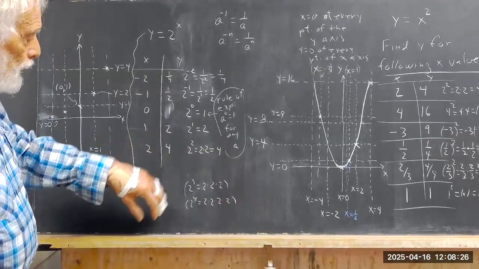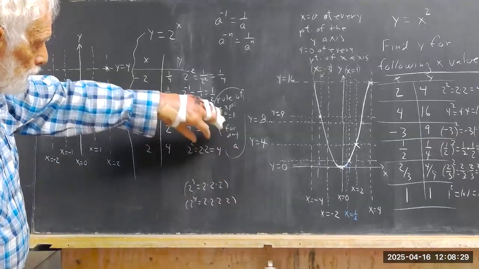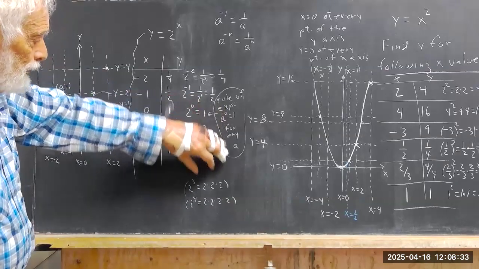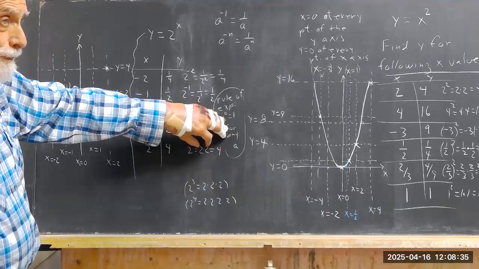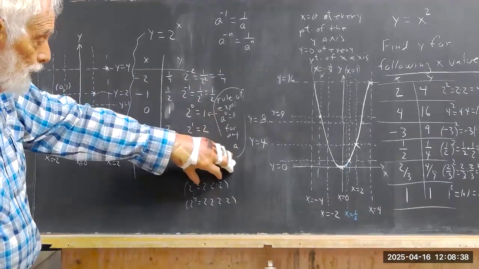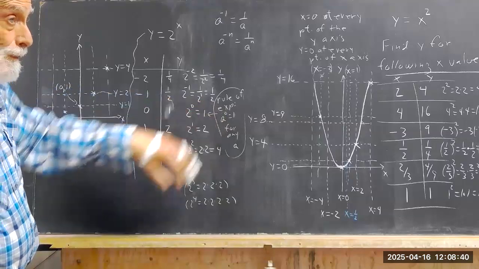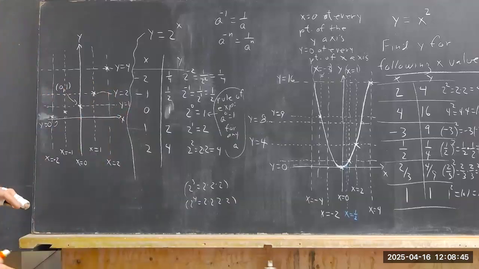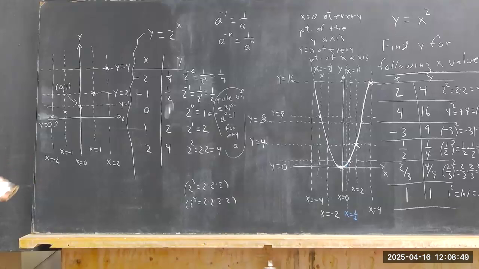If I go from 2 times 2 times 2 to just 2 times 2, it goes to half. This is half of this because this is twice this. Every additional 2 I multiply by doubles the number. If you understand that, that could be useful. It's a good thing to understand and think about. If you don't, it's not going to be on the test. But if you do, it can be very useful when you're trying to learn the behavior of the function.